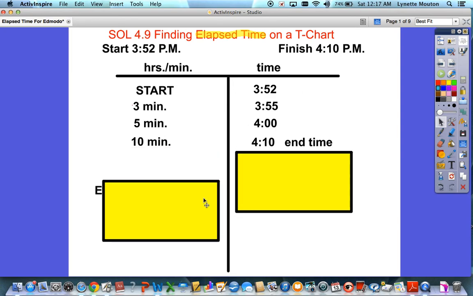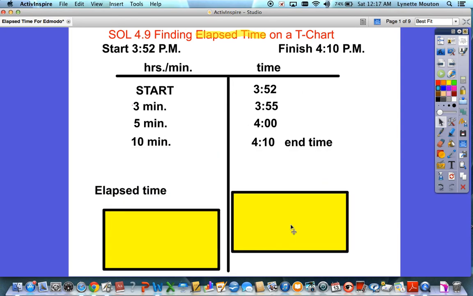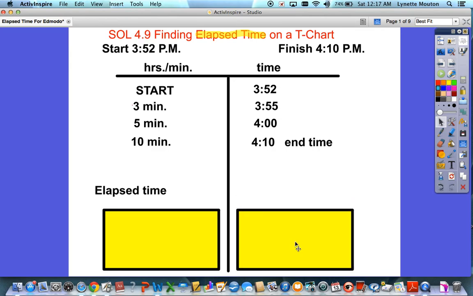Now, just because we've drawn the chart doesn't mean that we're finished with this problem, because what they were asking us to do is find the elapsed time. So now we need to go back and look at our hours and minutes over here to determine the elapsed time. Let me change my color.